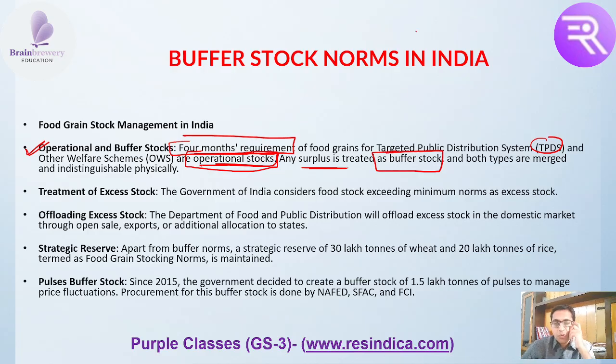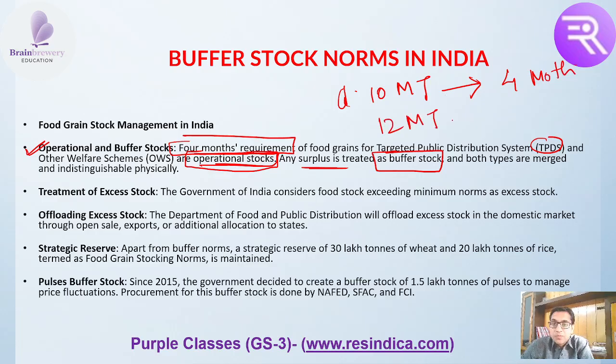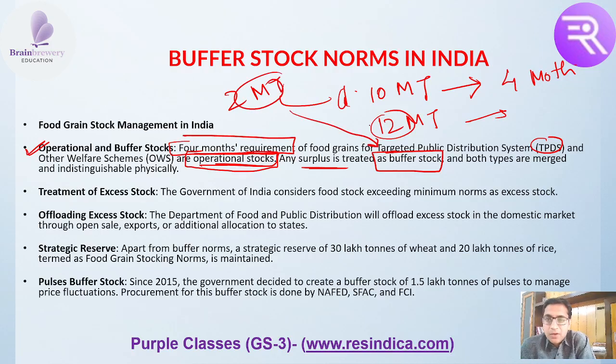For example, if you have a requirement of 10 million tons for four months, but you actually have 12 million tons, that extra 2 million tons will be treated as buffer stock. Now, what will you do with the excess stock?